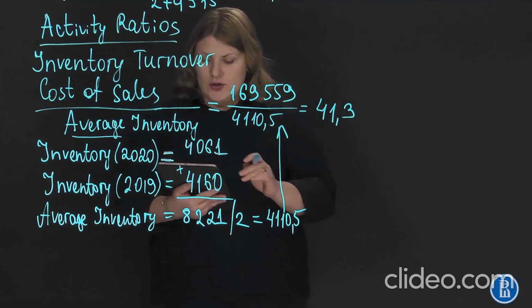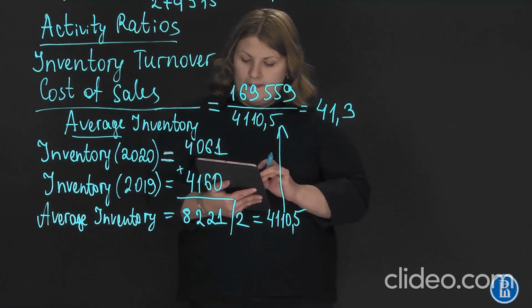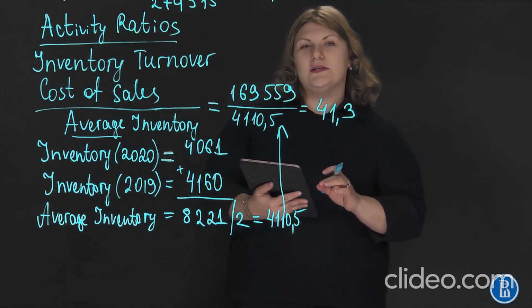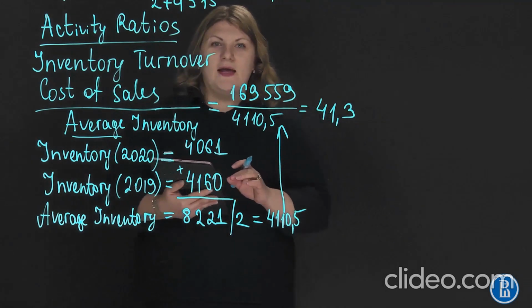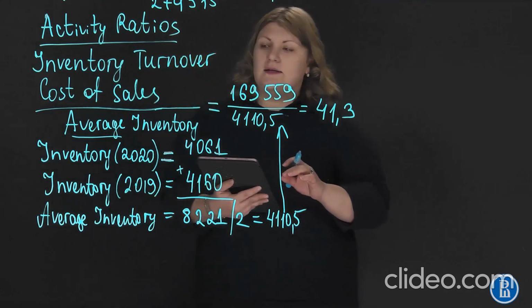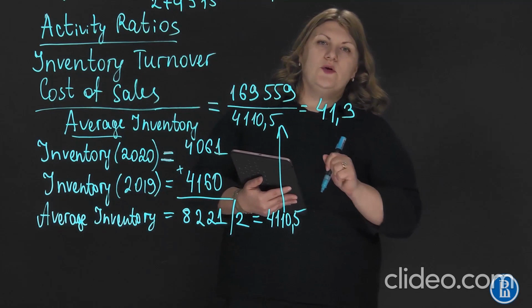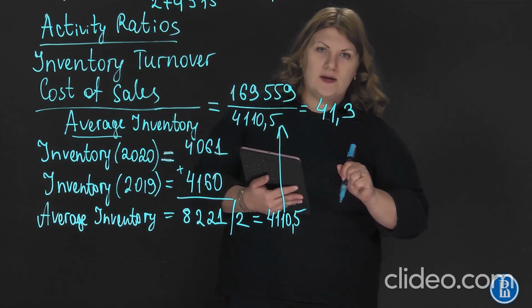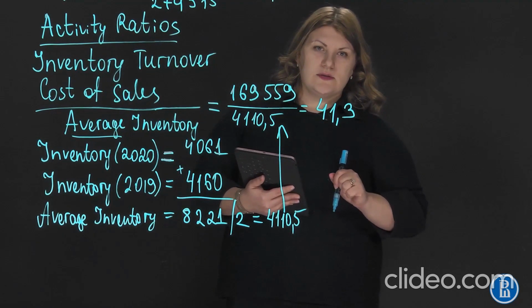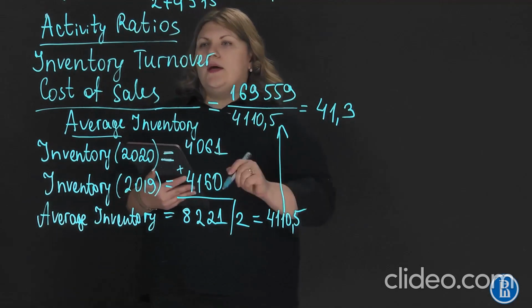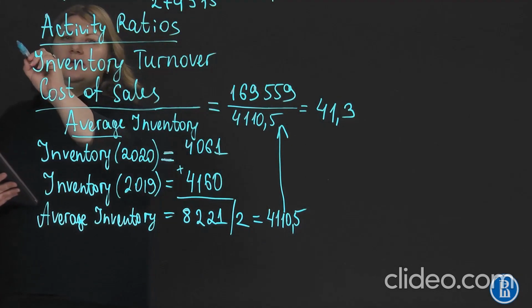This ratio shows us how the company utilizes its assets. And basically, it means that it takes approximately 41 days for Apple company to sell its goods, to sell the inventory.